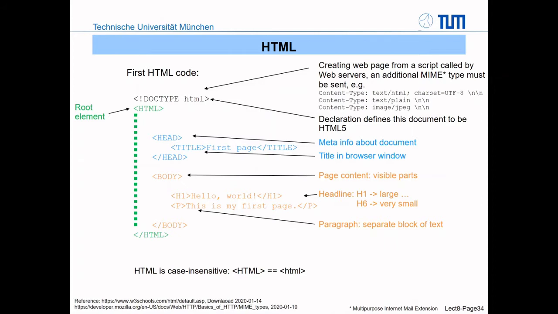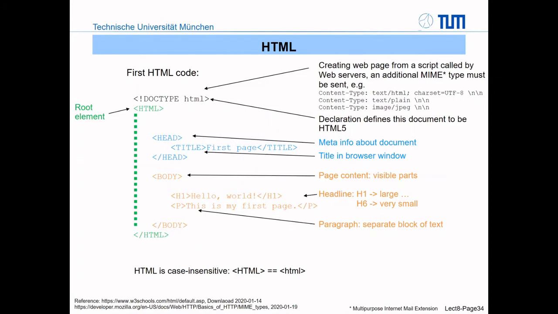You can create web pages from a script which is called by web servers, or you have a static web page, and you can add additional so-called MIME types which must define what is returned. In this case, if you have HTML here, then it's a real HTML file.